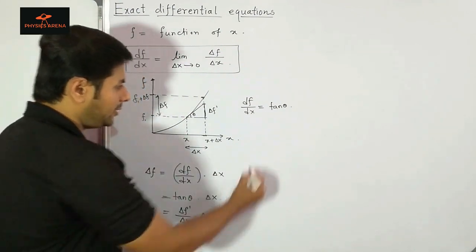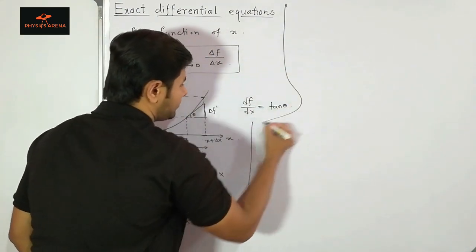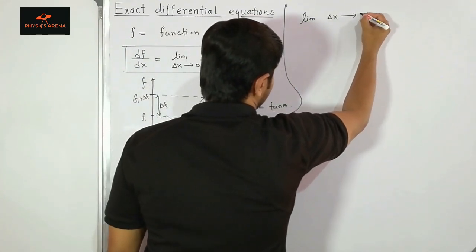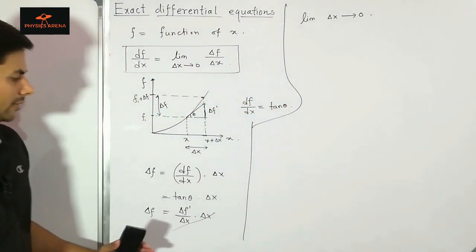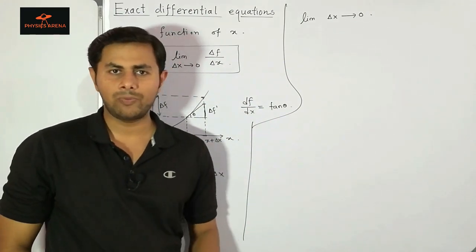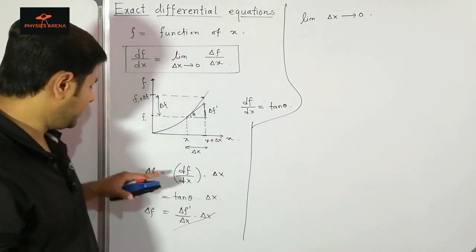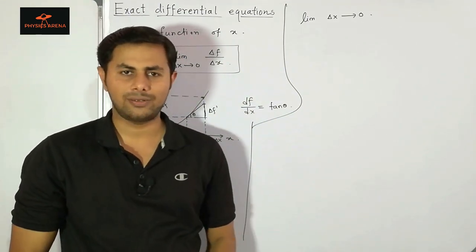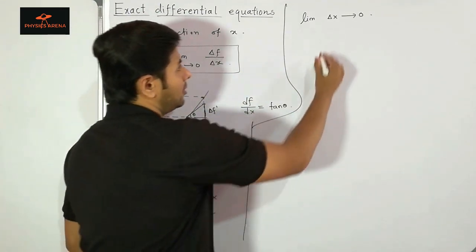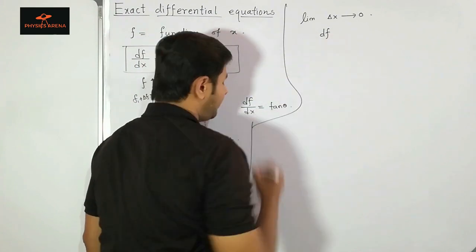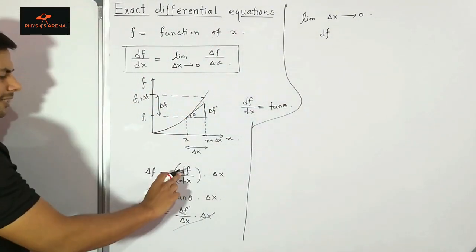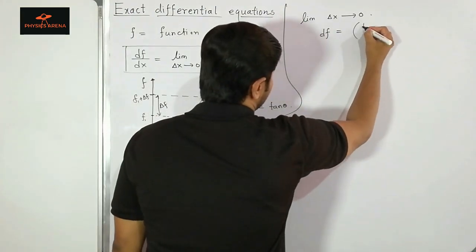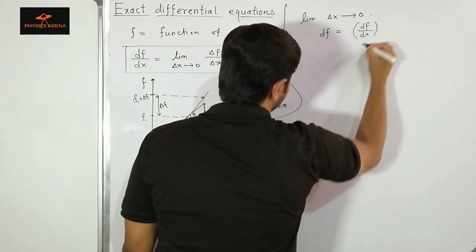But if the change in x is small enough, this approximation becomes better and better. In the limit delta x tends to 0, this approximation becomes almost accurate, and then we call the change in f the differential of f, and we write it as df, not to be confused with this df by dx.